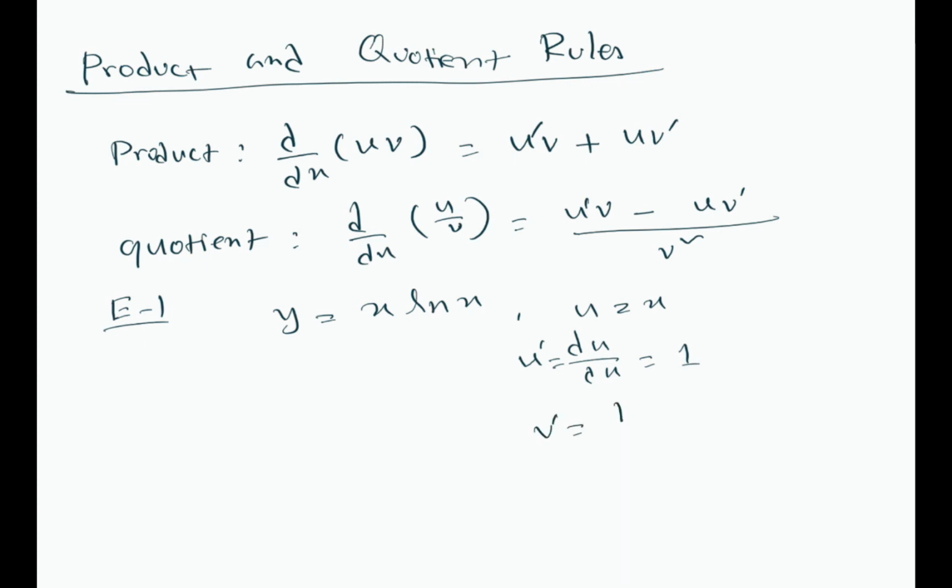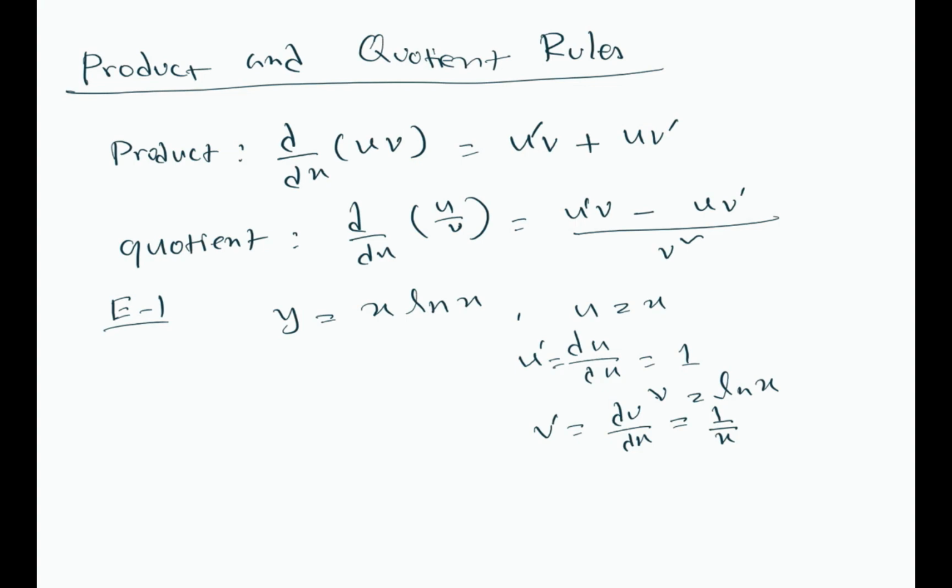And v prime or dv/dx is equal to, before this I need to label our v, v is equal to ln of x. The derivative of ln of x is 1 over x.